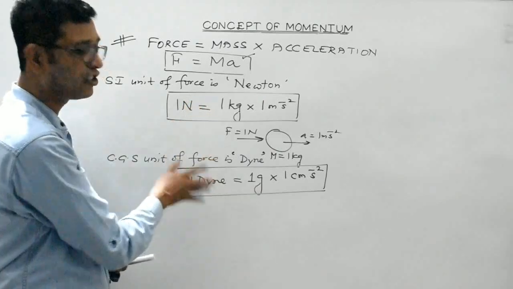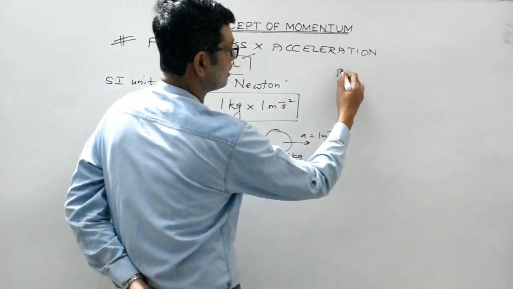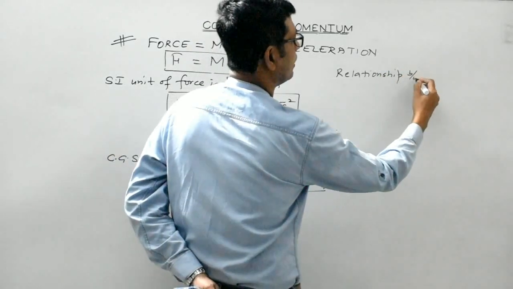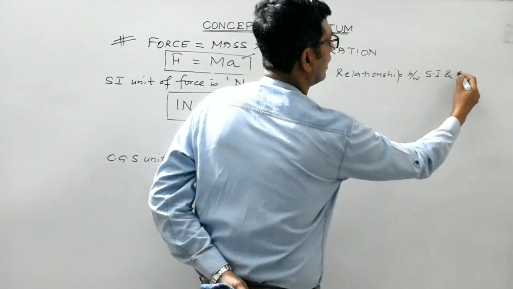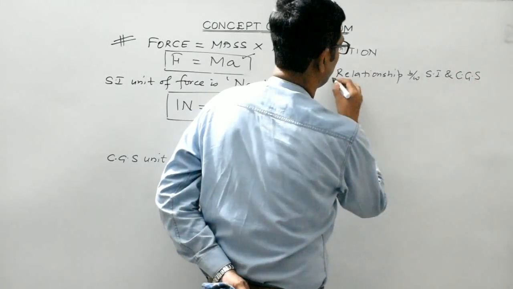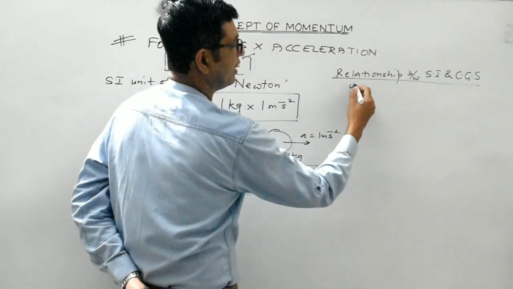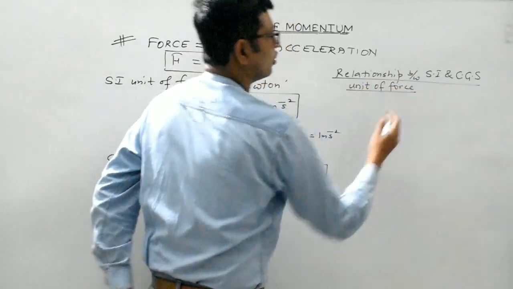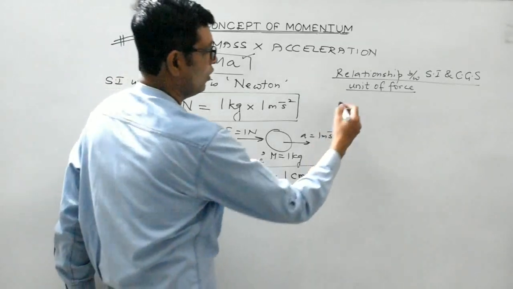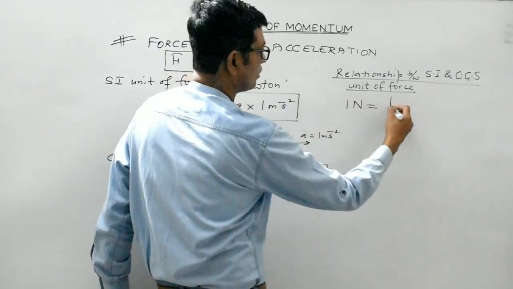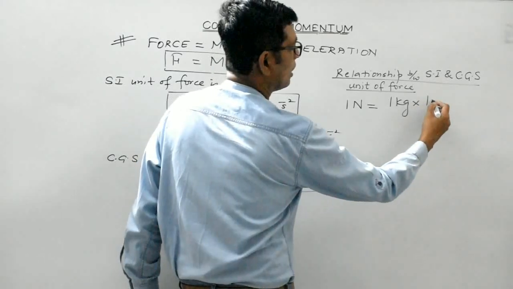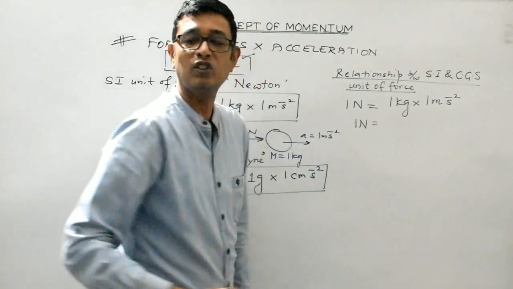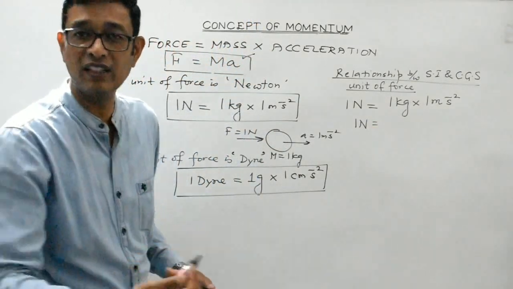Now let's find out the relationship between these two, right? So let us find out the relationship between SI and CGS unit of force. 1 Newton, just now we have discussed, is 1 kg multiplied by 1 meter per second square, right? 1 kg, as you are aware, students, is equal to 1000 grams.